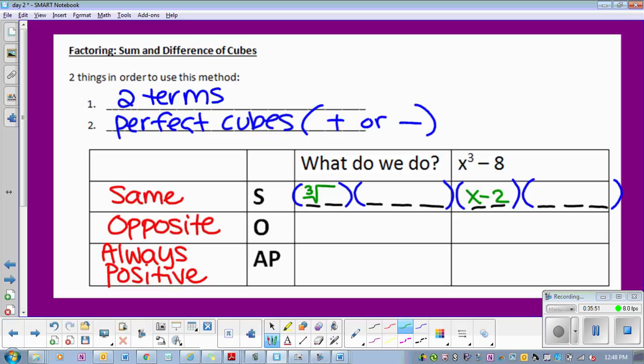All right. So then what do we do now? After you fill in your binomial, you need to fill in your trinomial parentheses. And the first one is your first term squared.